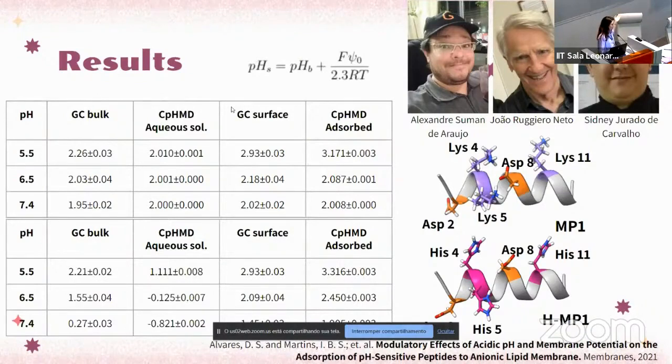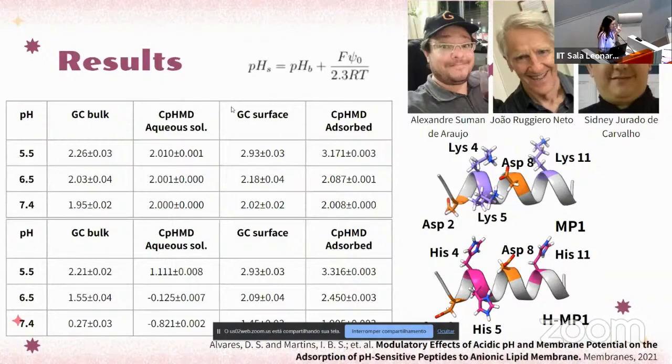We only tried these 3 because we had experimental data to compare, and as I told you, it's very high cost computationally. So in aqueous solution, MP1 has a charge of 2 in constant pH, and HMP1 at acidic pH a charge of 1.